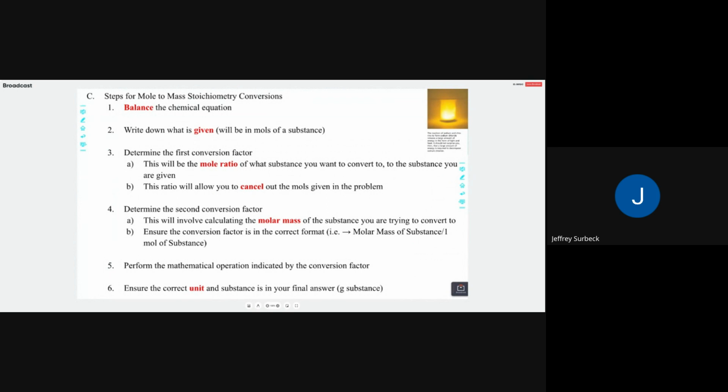Balance the chemical equation. Write down what you have and what you want to get, and you have to cancel your units diagonal. That is key to all of this, right? And you can only convert one substance to another via moles of that substance to moles of the other substance.